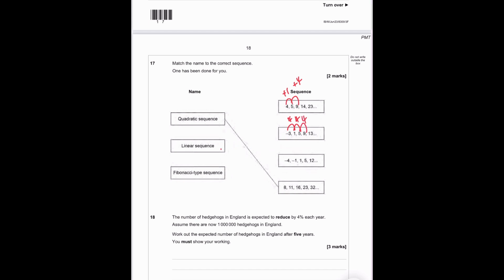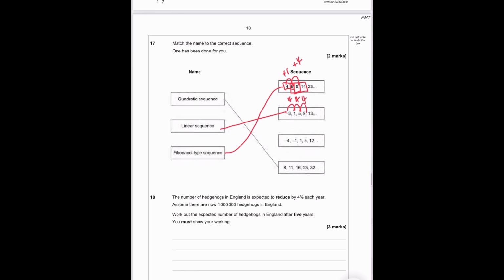So this one is our linear sequence. Now a Fibonacci, we add the 2 previous numbers. So if we add 4, add 5, it gives us 9. If we add 5, add 9, it gives us 14. And if we add 9 and 14, it gives us 23. So that one is our Fibonacci sequence.